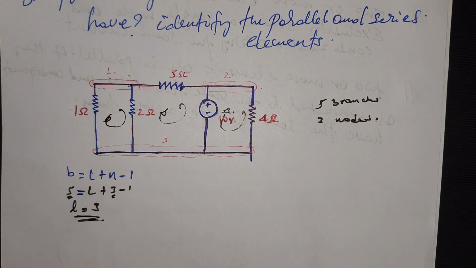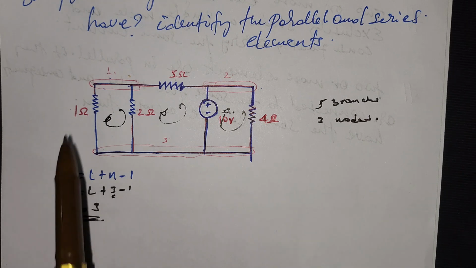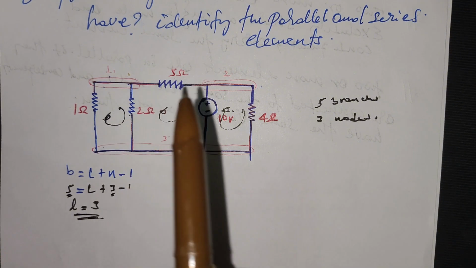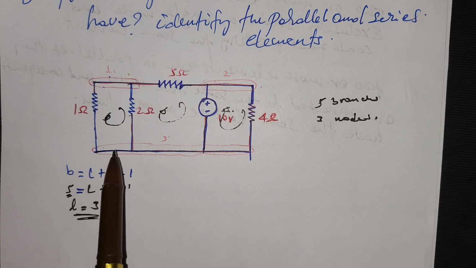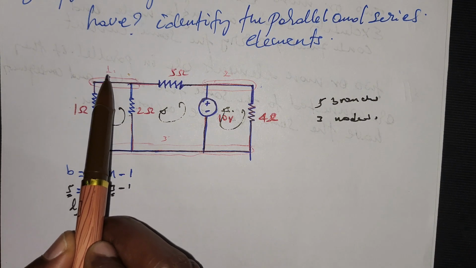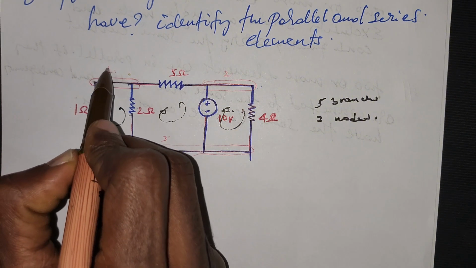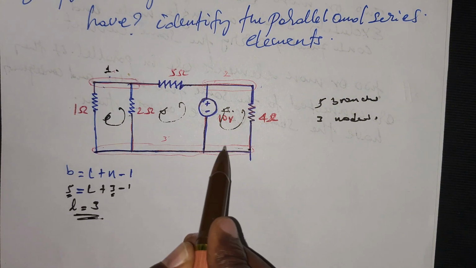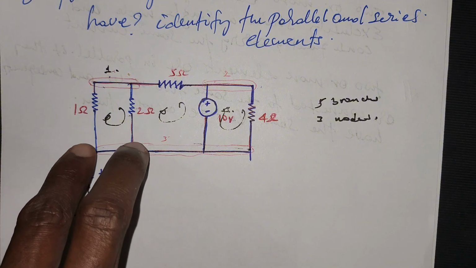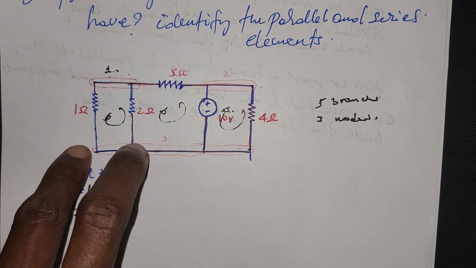To identify which branches are in parallel and which are in series, these two branches are in parallel because they have the same two nodes. The first node is this one, and the second node is node number 3. If two branches share the same two nodes, or are connected across the same two nodes, those branches are said to be in parallel.